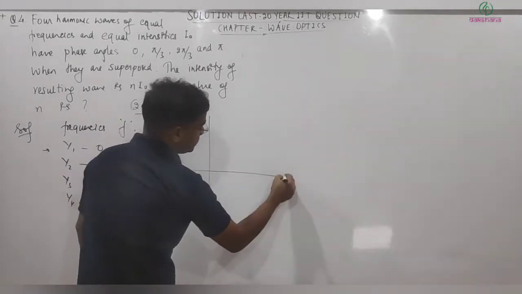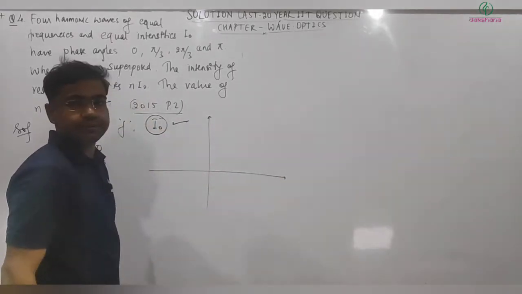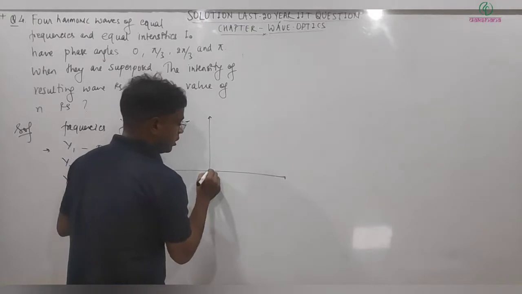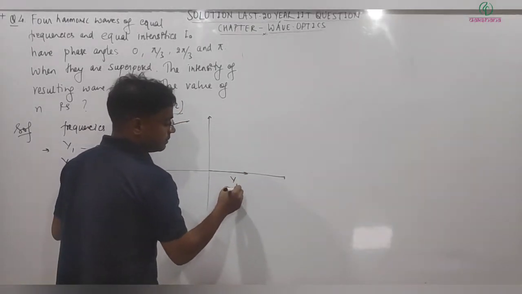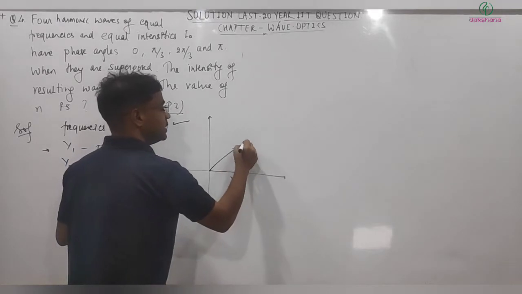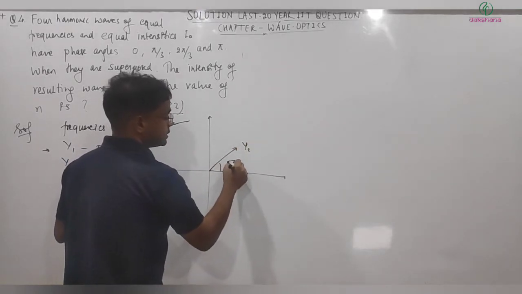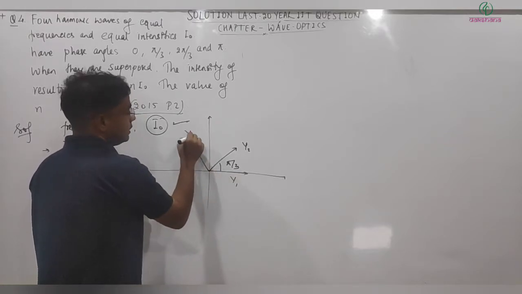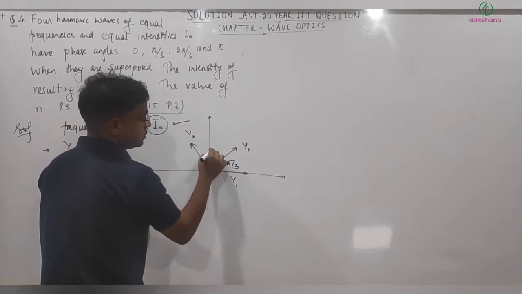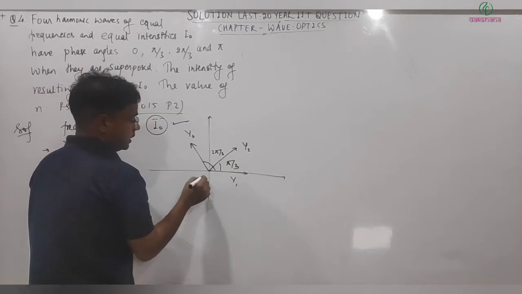If I simply draw their phases, or displacements, on a phasor diagram, then y2 will be here at angle pi by 3, and y3 will be here at angle 2 pi by 3, and this is y4.